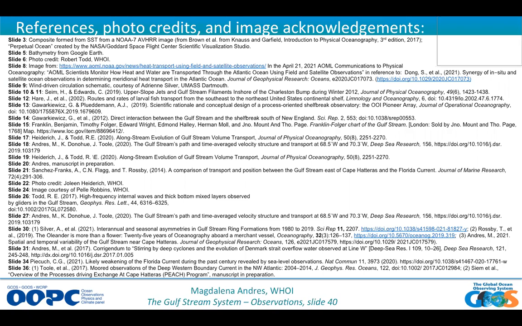The Gulf Stream gliders, the operational budget for running those is about $400,000 per year. This is funded presently by NOAA and ONR, the Office of Naval Research. In the past, it's been funded by the National Science Foundation, and there's now a pending proposal to continue that funding through NSF.